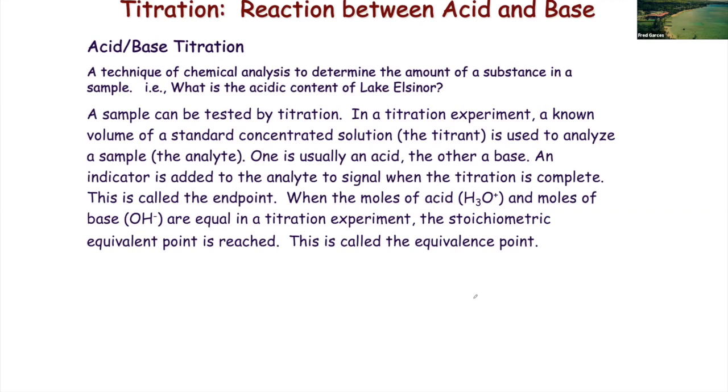The end point is a terminology we use in an experimental procedure to indicate stop the titration. We now think we have the moles of the acid equals the moles of the base based on visualization, usually an indicator, that we've reached that point.